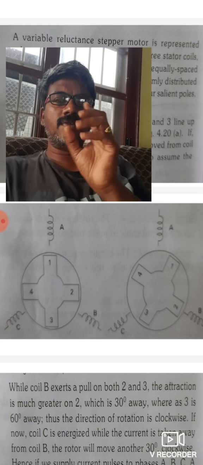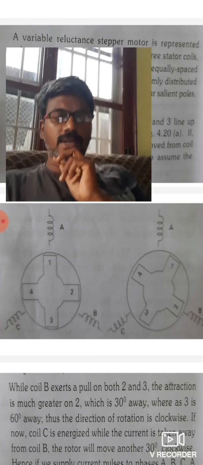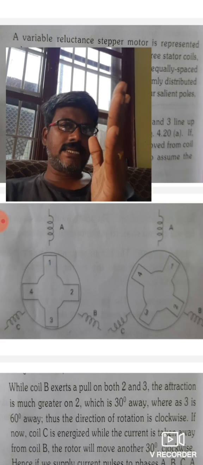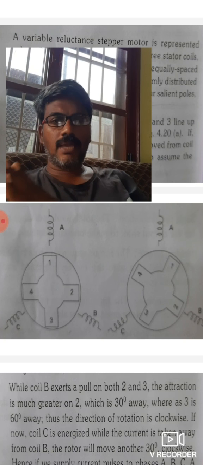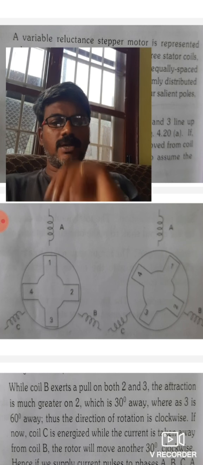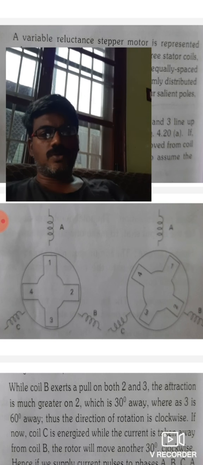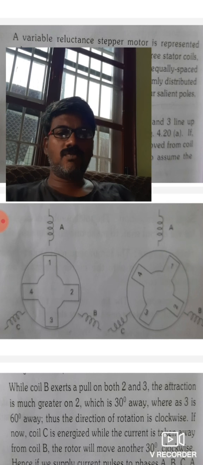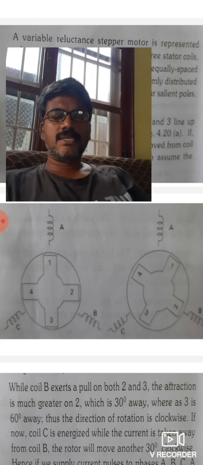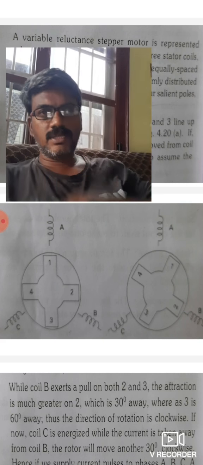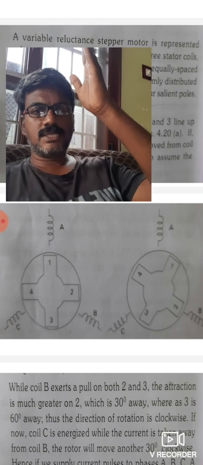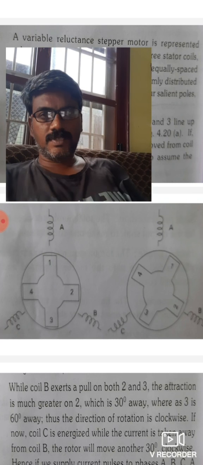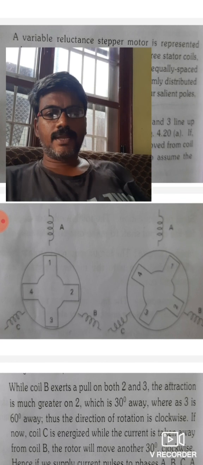But pole 1 is very near to phase A, so that's why pole 1 will be attracted by phase A. So when A is excited, rotor poles 1 and 3 line up with the axis of phase A. Poles 1 and 3 will align in the axis of A, right?